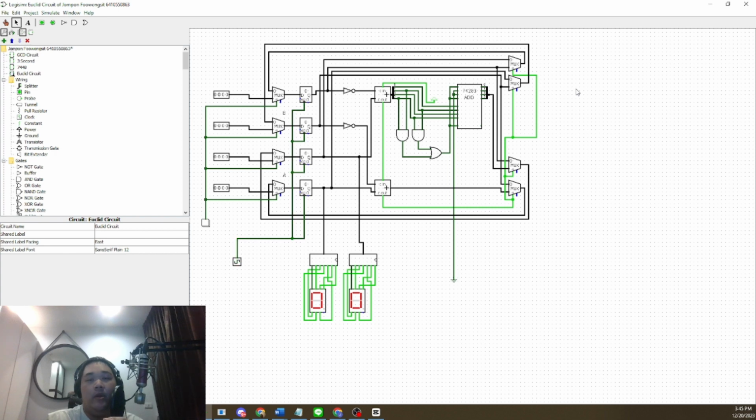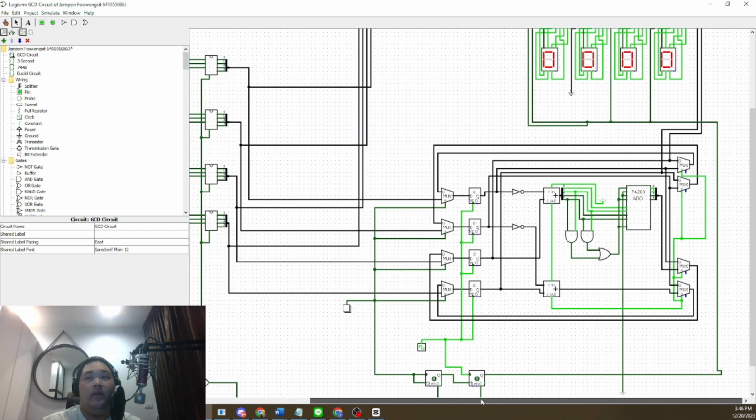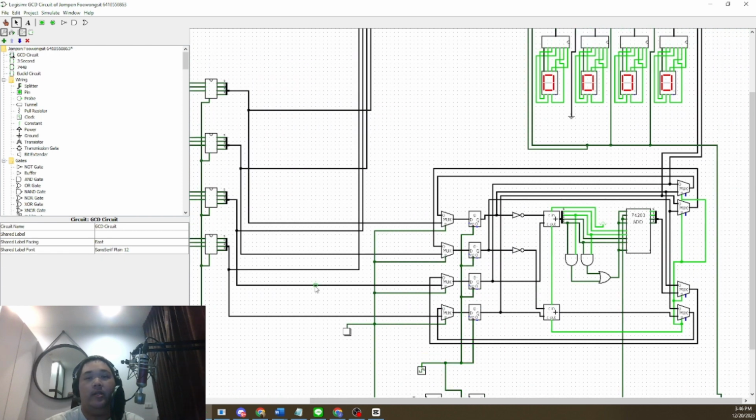For example, number a is 4 and number b is 7. So a minus b equals minus 3, and we cannot calculate. We cannot show the answer. So this multiplexer checks if it is negative, and if so we send it back to calculate again to make sure that our answer is positive.